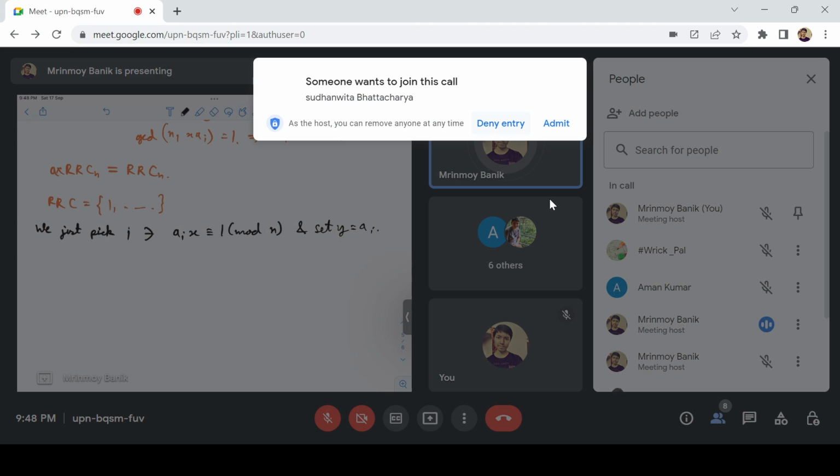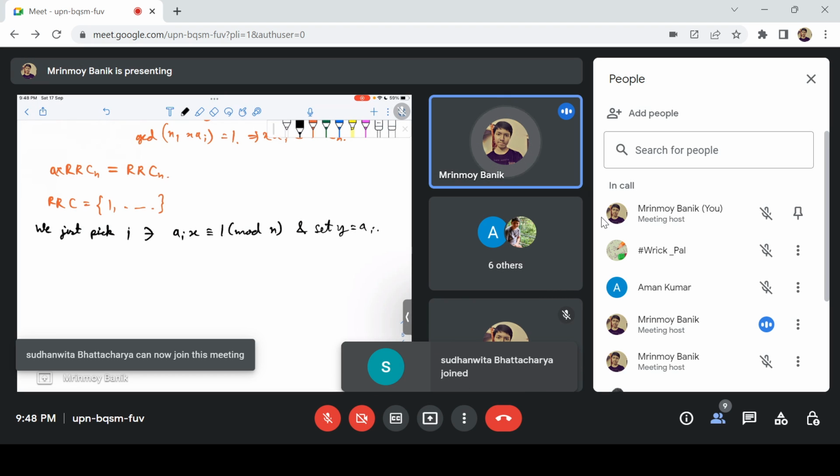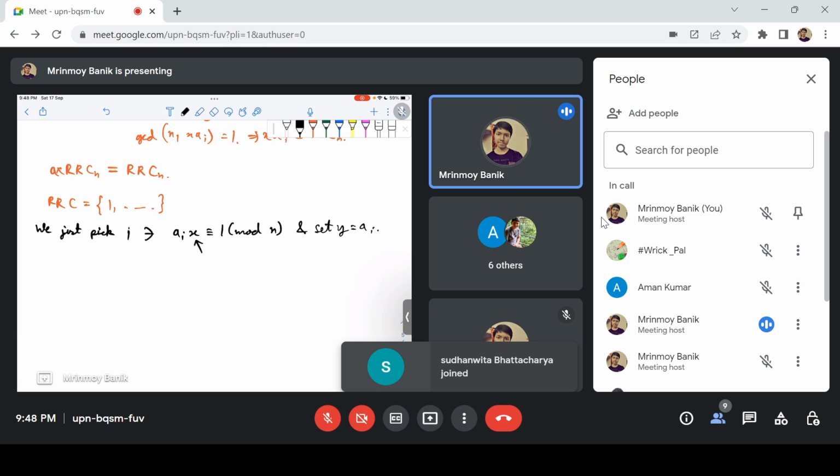So this always works. Whenever we need to find the inverse of anything, x mod n, we just look at the reduced residue class of n and multiply that reduced residue class with x.